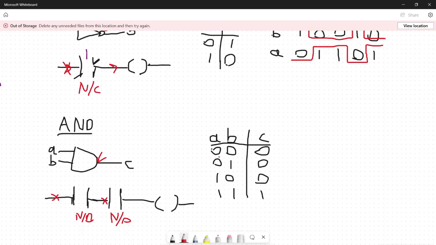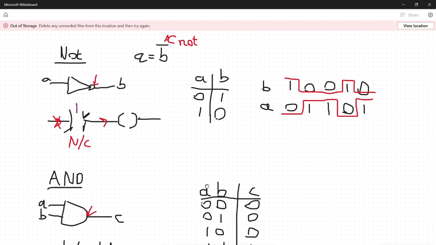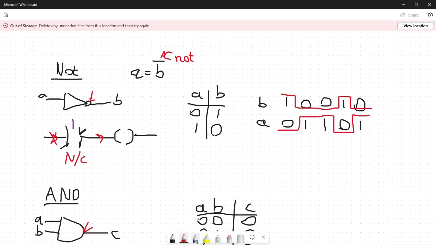Now, the number of possible combinations you have. So you see here we have 4 combinations. We have 2 different input states and output states. Well, that's based on just the number of inputs you have.